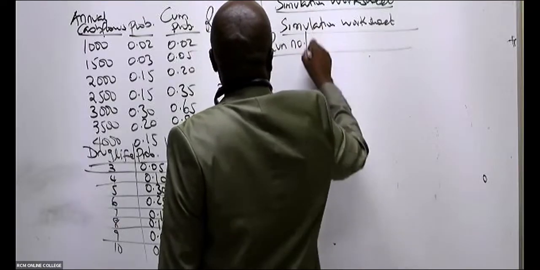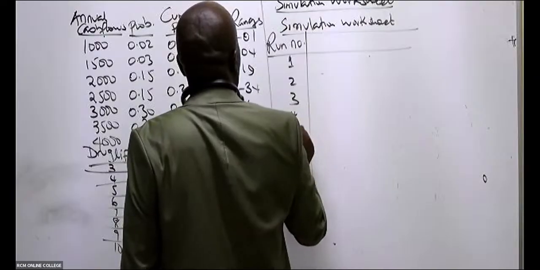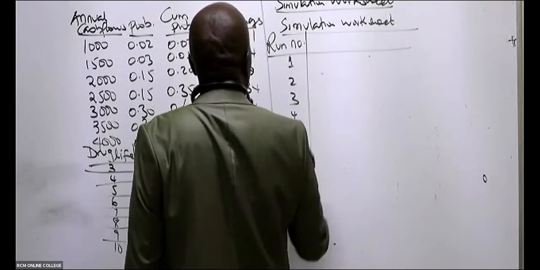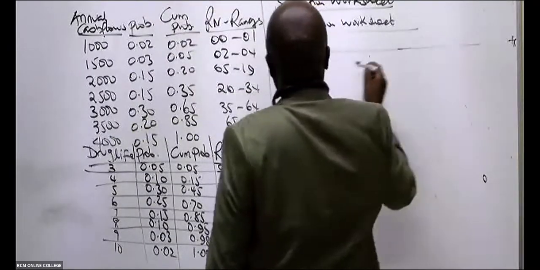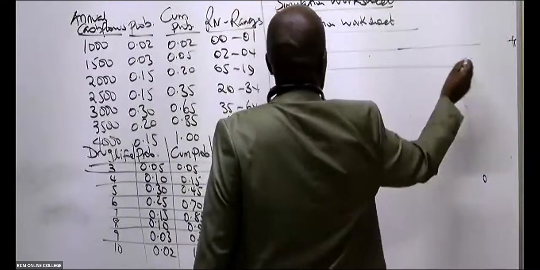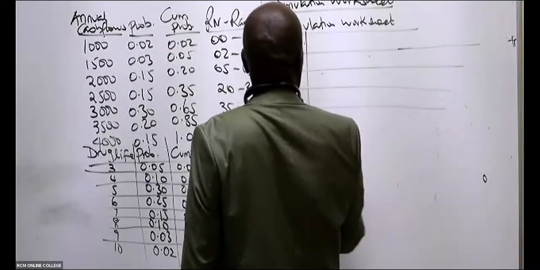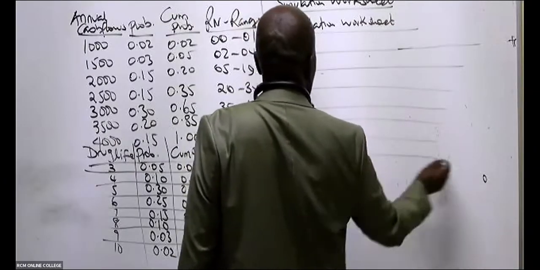So we have here run number 1, 2, 3, 4, 5, 6, 7, 8. They have told us to run how many times? 10 times. They have told us to run 10 times.